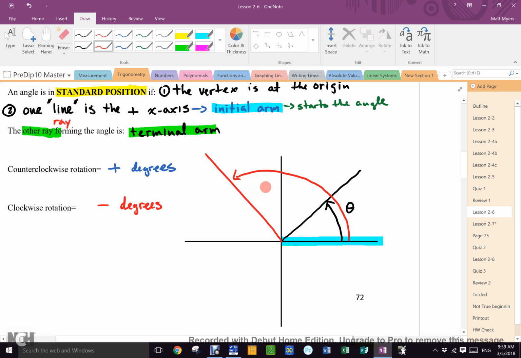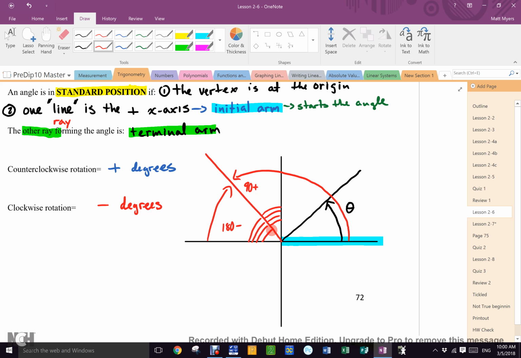So what's this? Like 120. 90 plus that. Or what else is it? 180 minus. Is everybody cool? I'm going to stop for a second, make sure everybody's on board there.